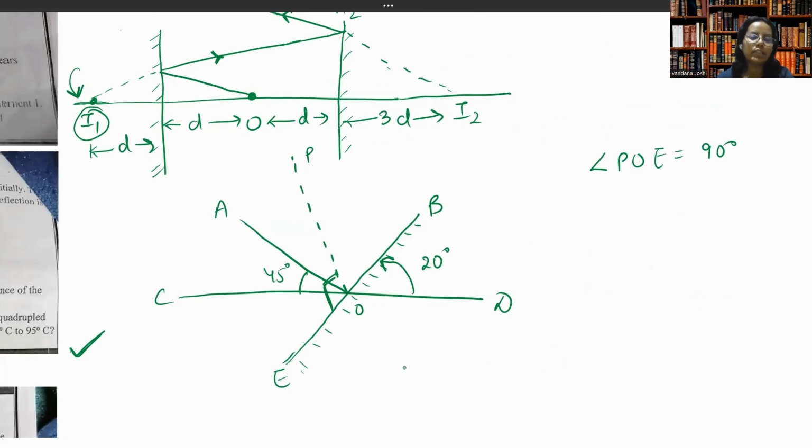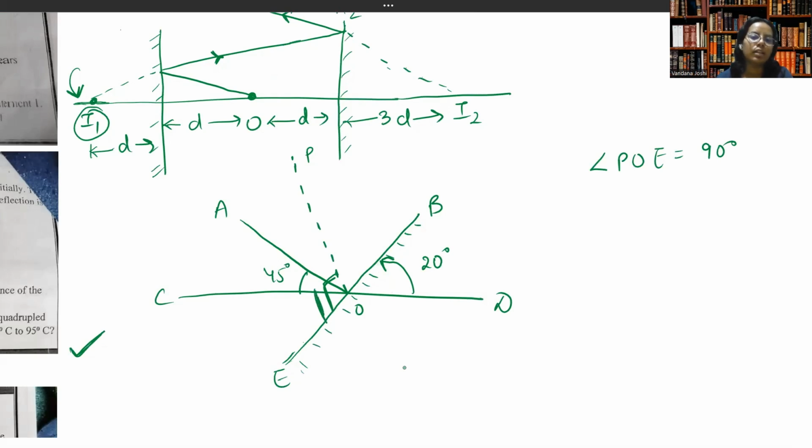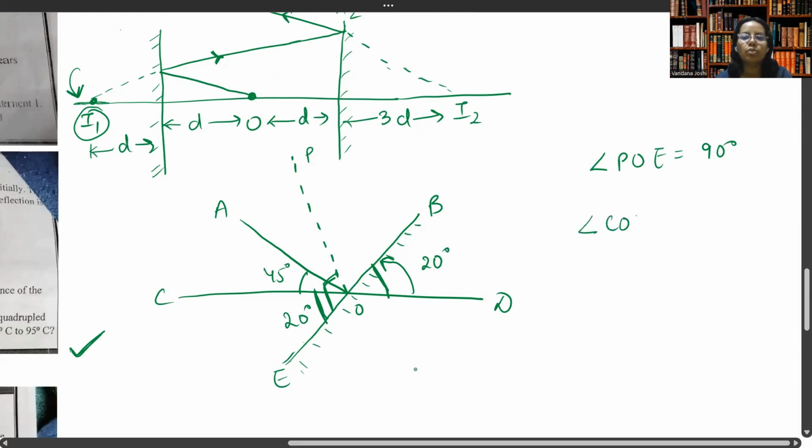Another thing that you need to notice is that angle BOD, this angle, and angle COE, this angle, they are vertically opposite angles. So they are equal. This is going to be 20. So we'll say that angle COE is 20 degrees.